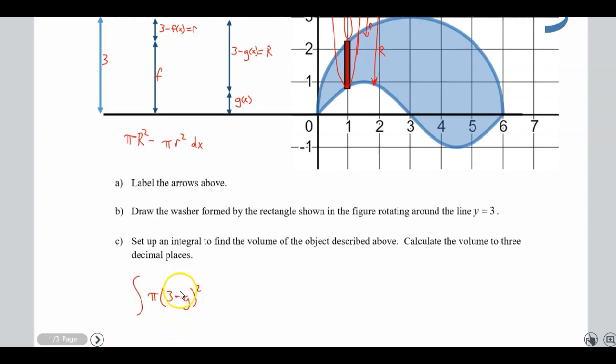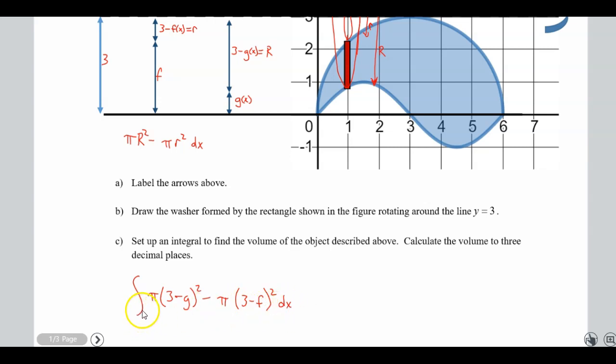So I have that big R getting replaced with 3 minus g, and I'll replace my little r with this 3 minus f definition that's right there. So there we get 3 minus f of x, and then we're going to square that.